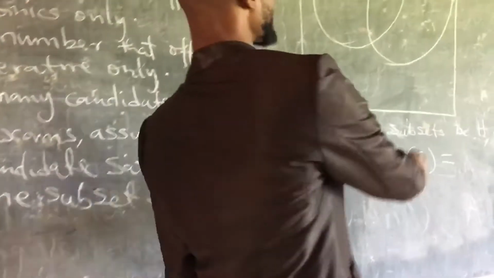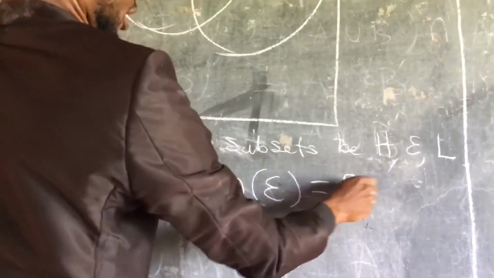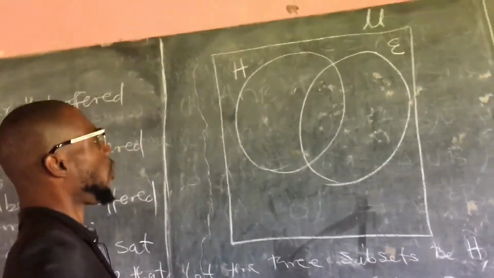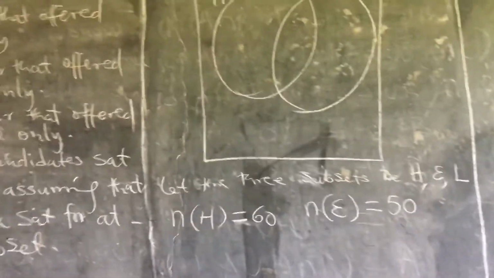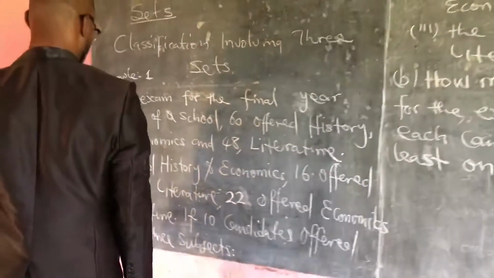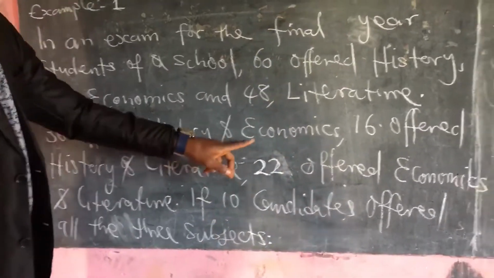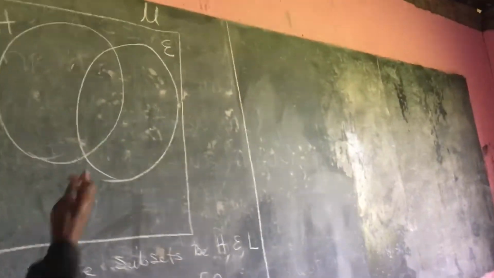So everything inside this circle is 50. Now, the reason I made this circle join this circle is that in the question, they say 30 offered history and economics. So they have an intersection. Now I make their circles join for you.